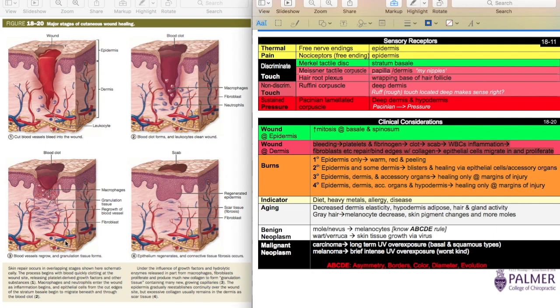There are extra details, once again, that you don't necessarily need to know. So a deeper wound cutting into the dermis, you'll have bleeding, then you'll have platelets and fibrinogen causing a clot, which then turns into a scab eventually to protect it and hold things in place.